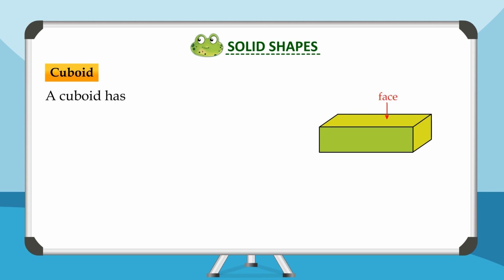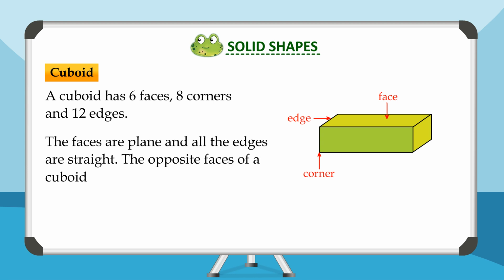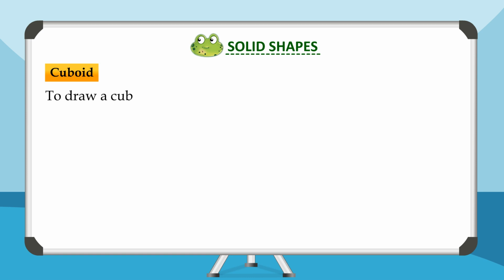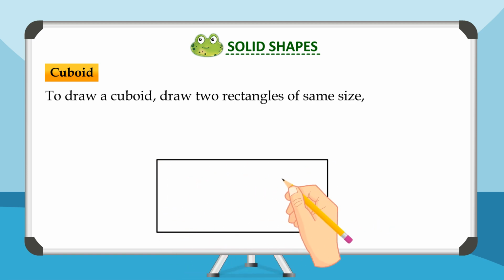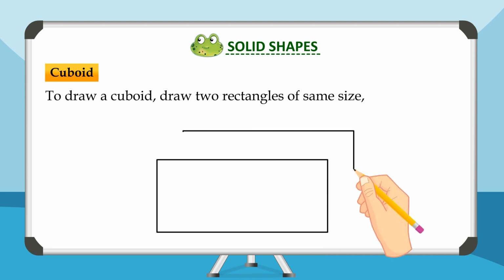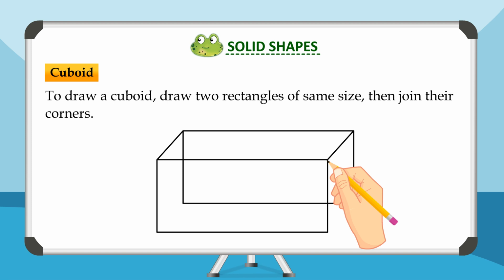A cuboid has 6 faces, 8 corners and 12 edges. The faces are plain and all the edges are straight. The opposite faces of a cuboid are of the same size. To draw a cuboid, draw 2 rectangles of the same size. Then join their corners.